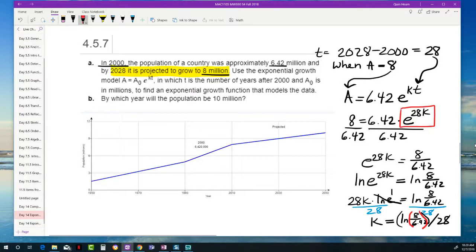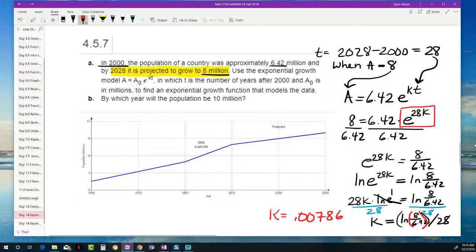Okay, so I get that k is equal to 0.00786 approximately. Okay, hopefully you got the same thing at home.